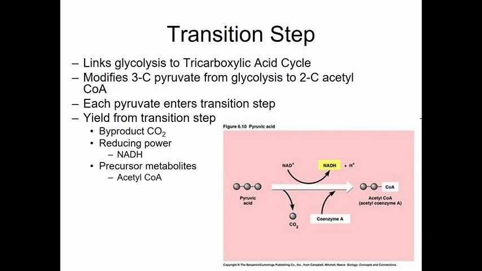We lose a carbon and form acetyl-CoA, which has 2 carbons, but the other carbon is in the form of CO2. So if we add this up, we have 6 carbons up here. We have 2 CO2, that means 2 carbons there. We have 2 acetyl-CoA, 2 plus another 2 is 4. 4 plus 2 gives us 6. 6 plus 6 equals 12, for the 2 pyruvates.